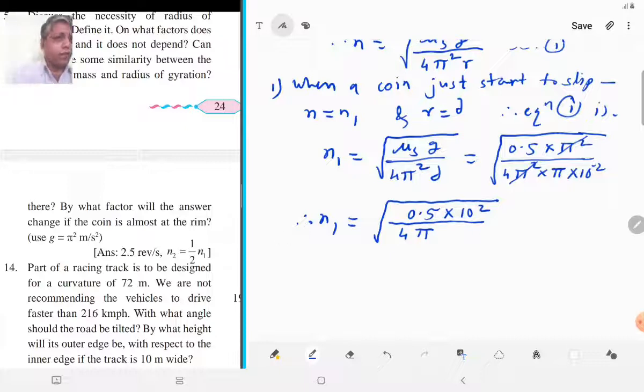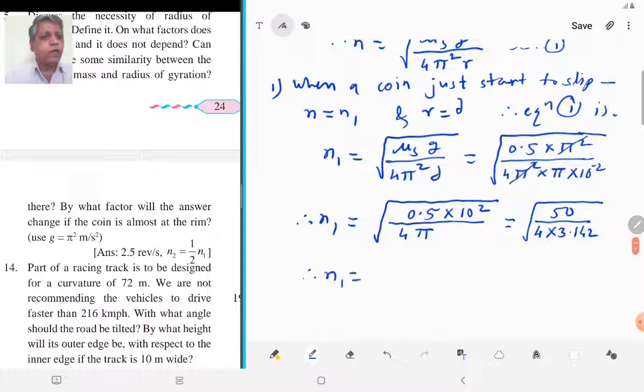Therefore n1 is equal to square root of 50 upon 4 into 3.142.